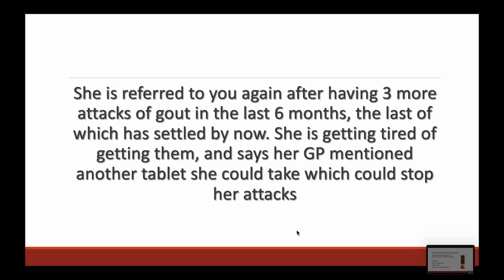And then soon after, she came back to you again, having 3 more attacks of gout in the last 6 months, for which they have settled by now. She is getting tired of having them, and her GP says that another tablet she can take to stop her attacks. And what do you guys think this could be?